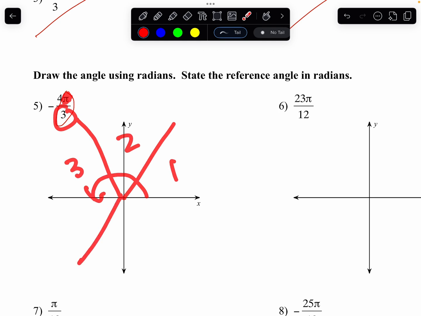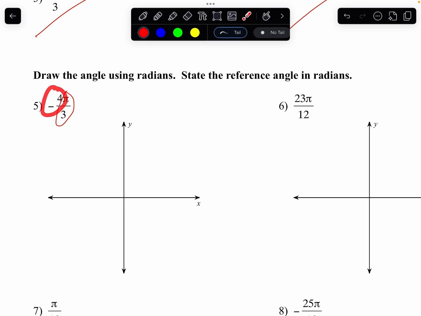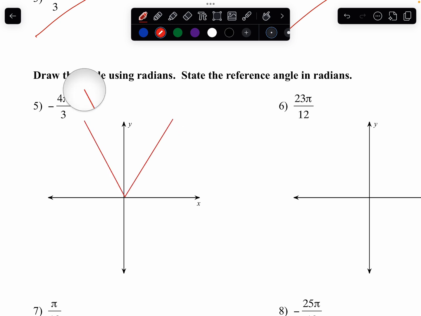If I split each half into 3 parts, I can fit 6 pi over 3 in this full rotation, and I want -4, so that's what the -4 is telling me. So again, I have 3 parts right here.